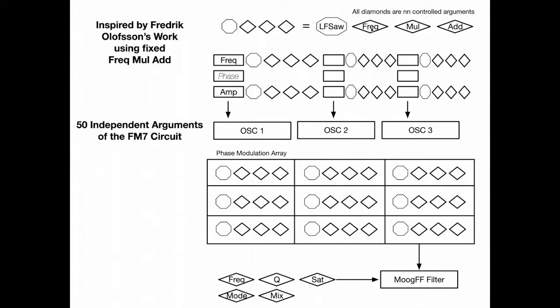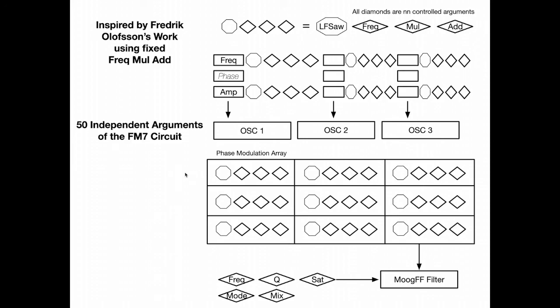So the diamonds are things that are being controlled by the neural net, and this is just the sawtooth wave. So I'm controlling the frequency of the oscillator with one of these, and the amplitude of the oscillator with one of these. For oscillator 2, same thing. Oscillator 3, same thing. Now the phase modulation array is controlling how much each oscillator modulates the phase of each oscillator.